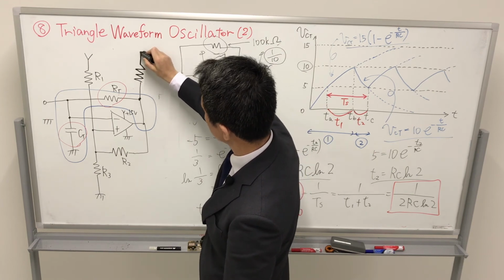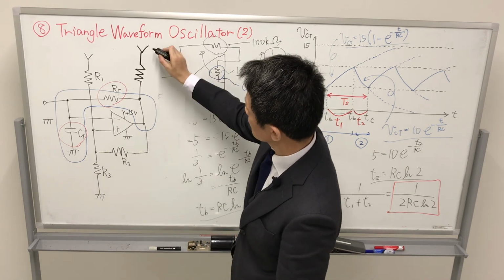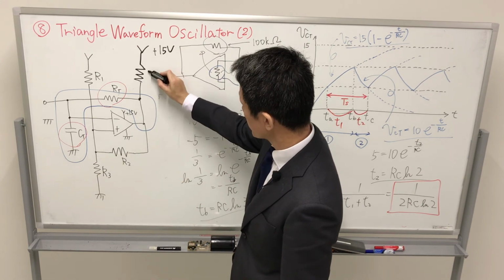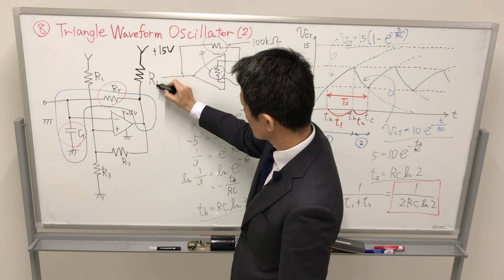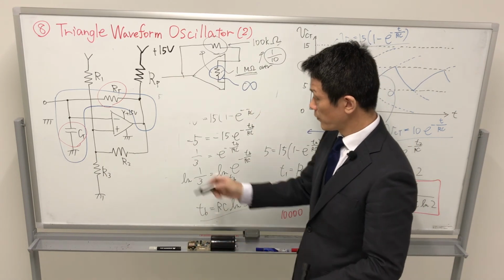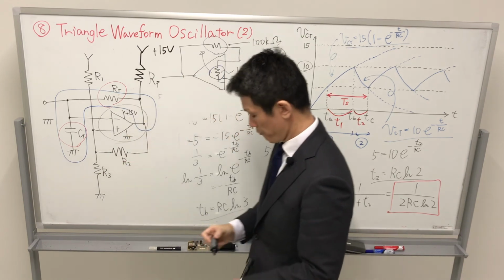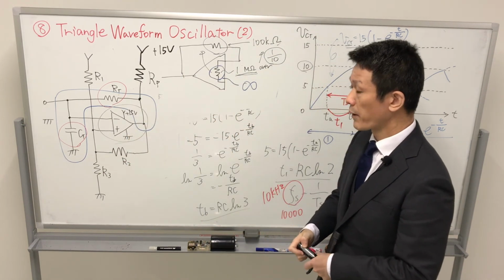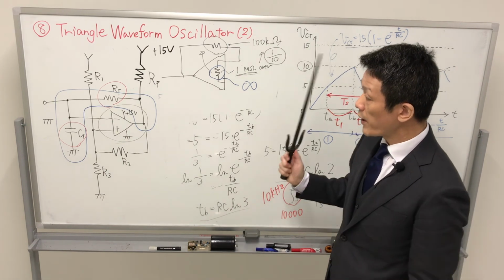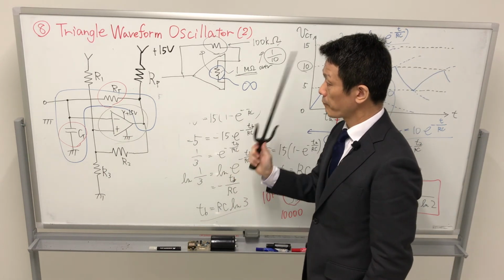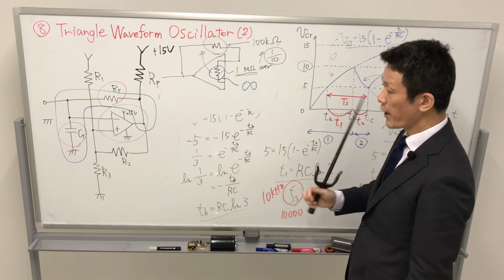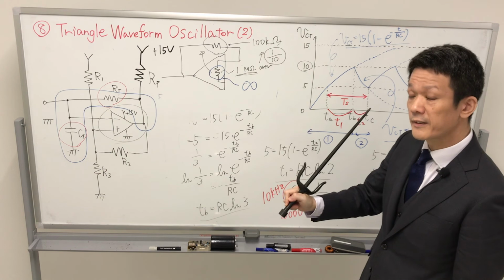In the real one, we require a pull-up resistance for operating this comparator. Please consider why we require this pull-up resistance, and please write your report.